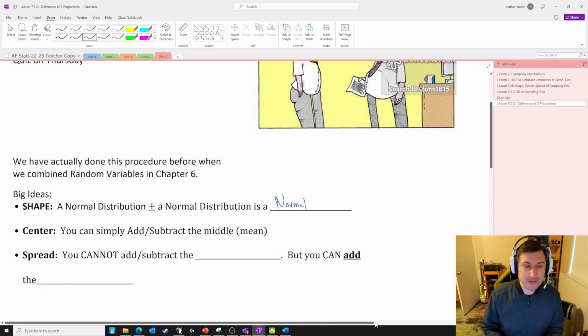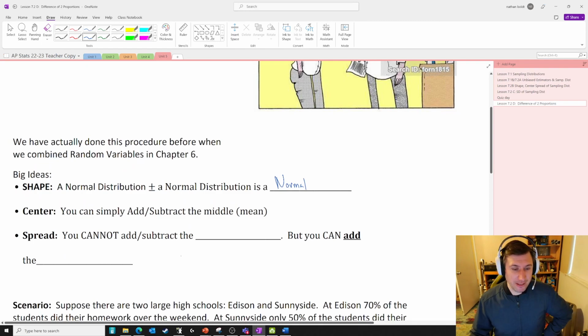What happens to the center? Well, you can simply add or subtract the centers, the mean, any location, whether minimum, maximum, Q1, Q3. Now what happens to the spread if we combine two normal distributions? That was the tricky one.